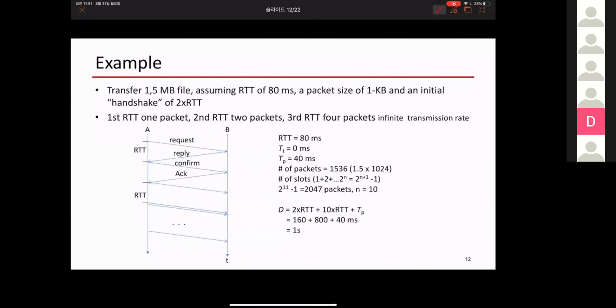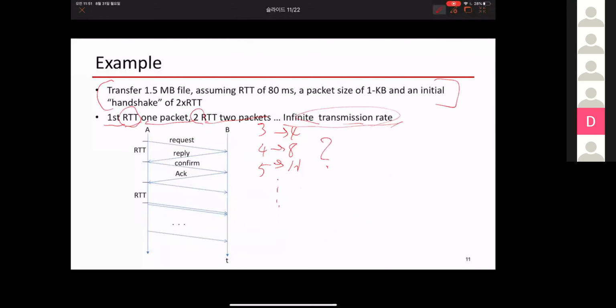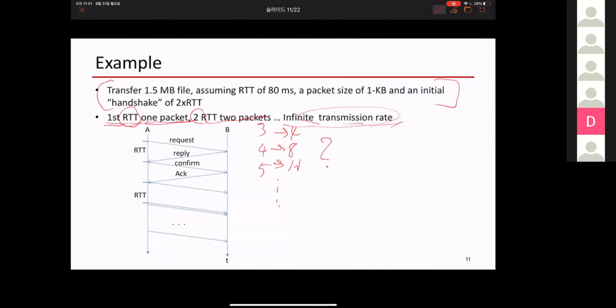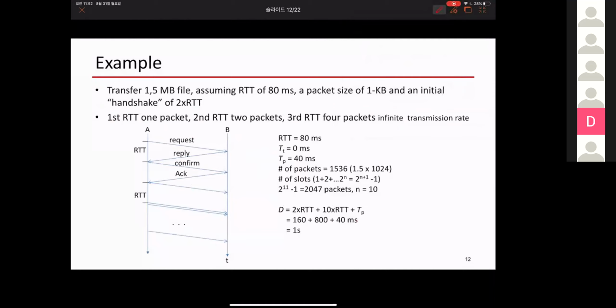So the question says, in the first RTT, I can send 1. In the second RTT, I can send 2. And it is fast enough, infinite transmission rate. Infinite transmission rate means I can ignore transmission time.